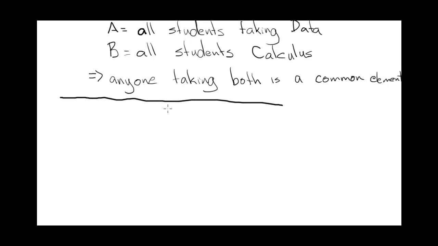The third definition is disjoint sets. Two sets are disjoint if they have no common elements.